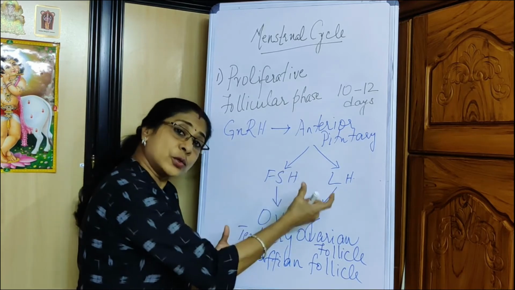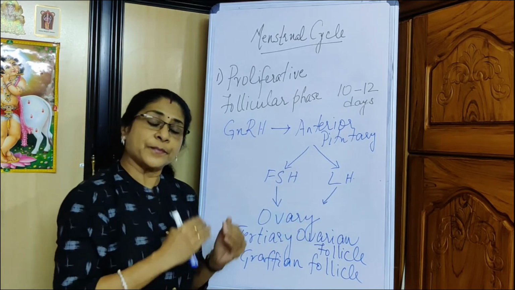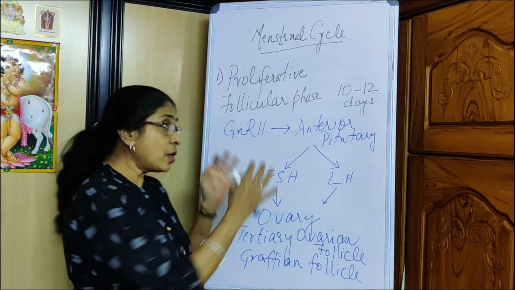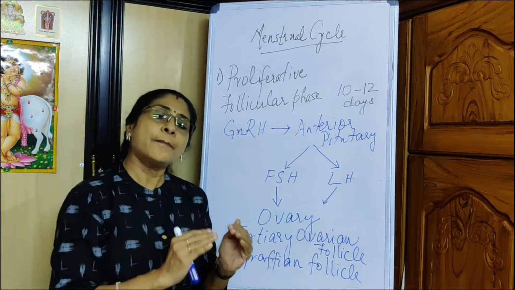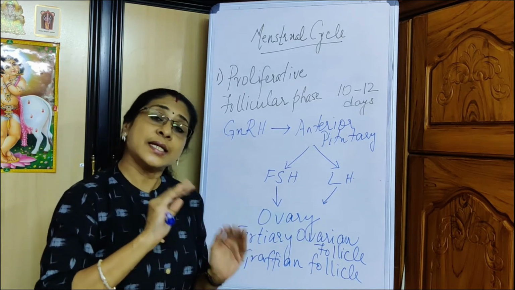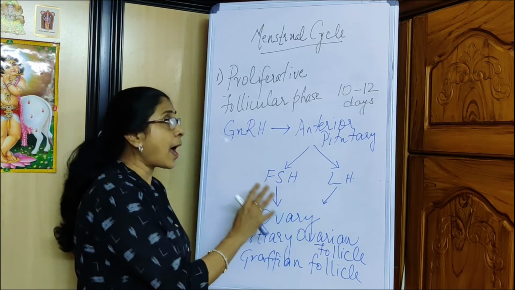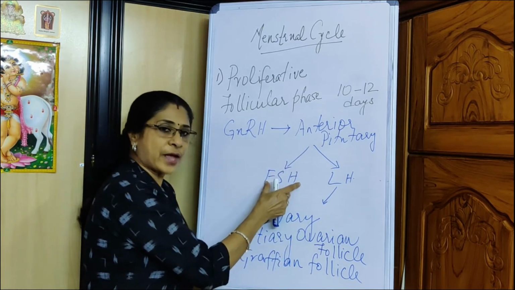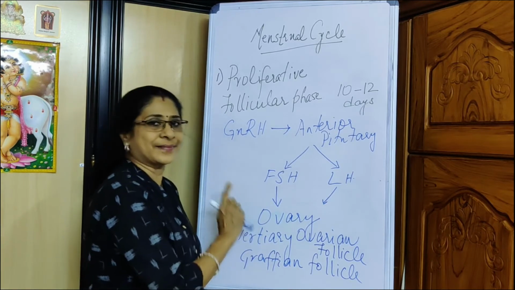Likewise, the luteinizing hormone which is produced also reaches the ovary, and this luteinizing hormone during this phase does not have much of an influence, but there is a gradual increase in the luteinizing hormone. So these are the changes happening in the presence of FSH on the primary sex organ.